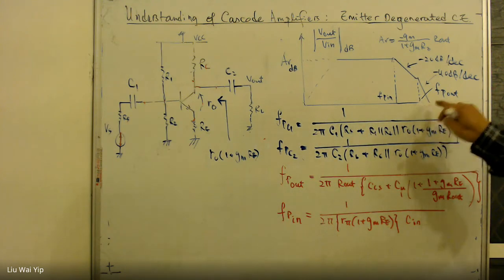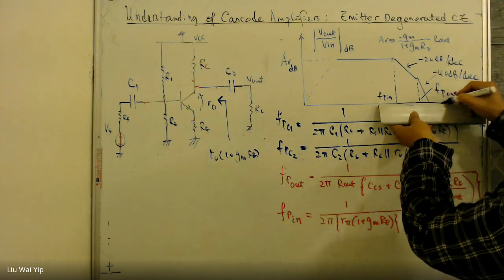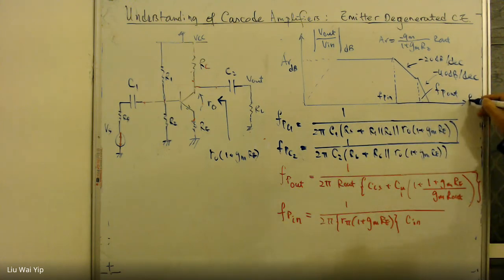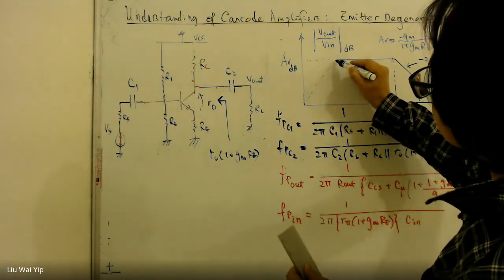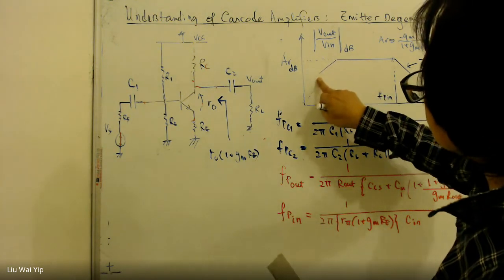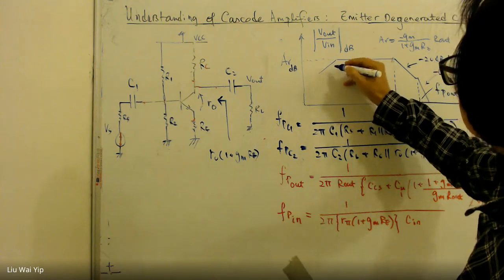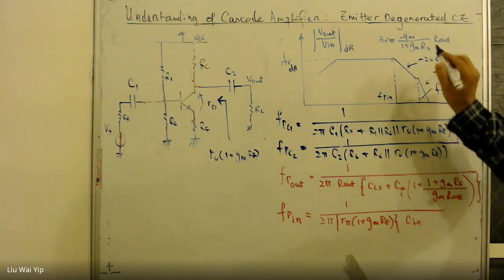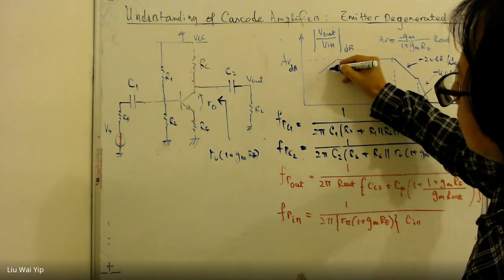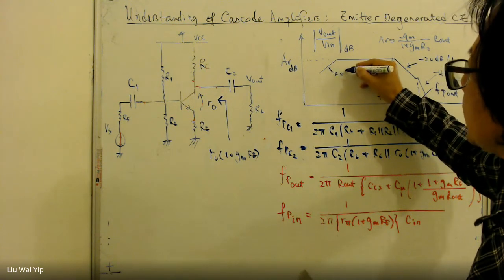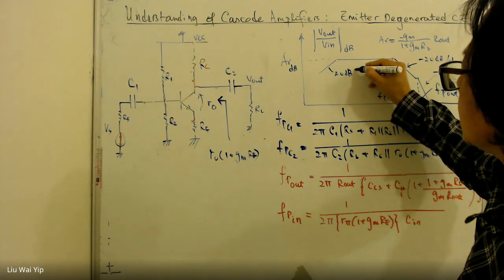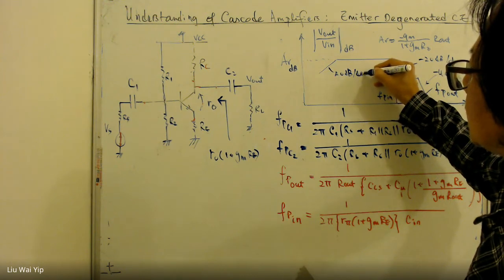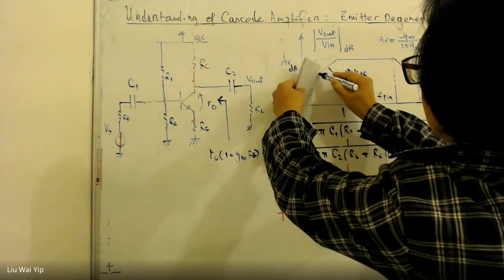The horizontal axis of this Bode plot is frequency, and the unit is hertz. Perhaps it can be like this. So this one becomes 20 dB per decade, and this one becomes 40 dB per decade.